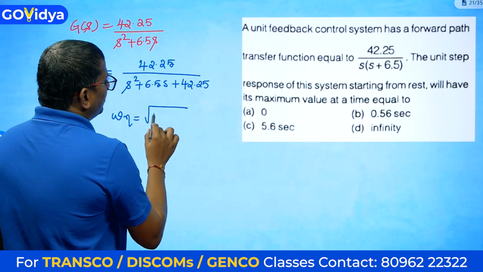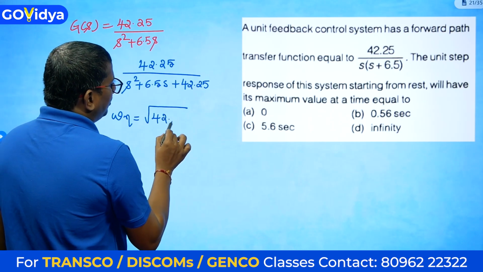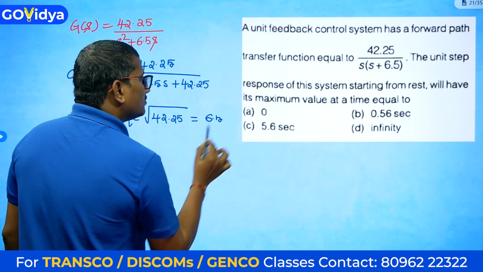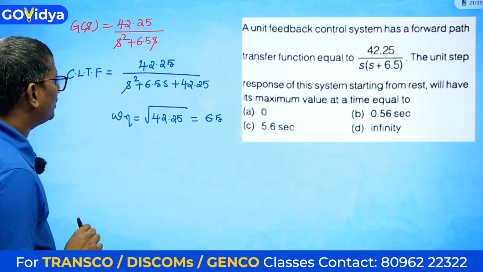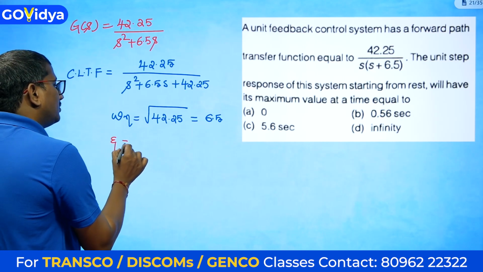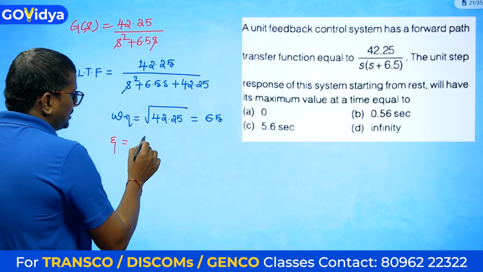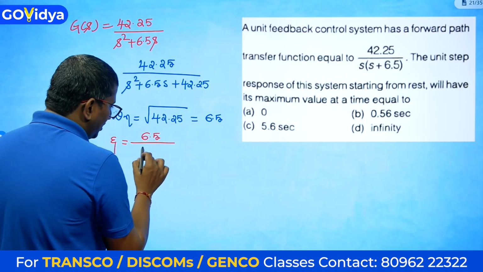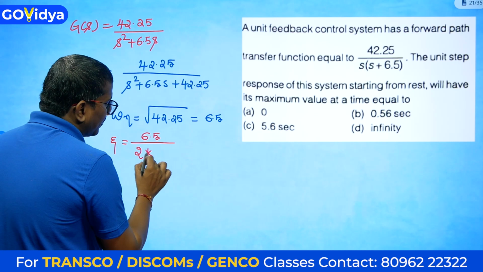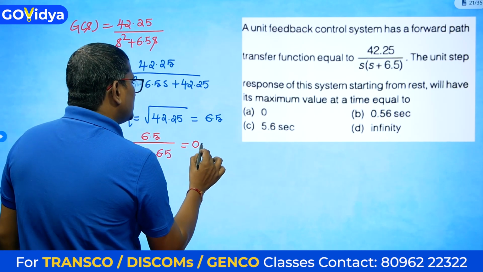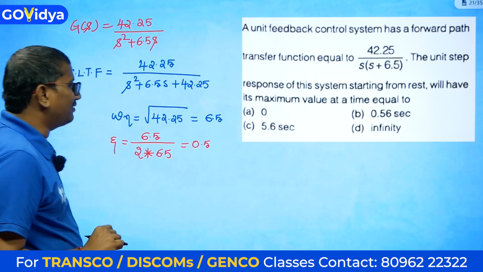Root of 42.25, which is nothing but 6.5. It is 6.5 only. Now what is the zeta value? Can I say 6.5 divided by 2 into 6.5, which is nothing but what? 0.5. Zeta value you got is 0.5.